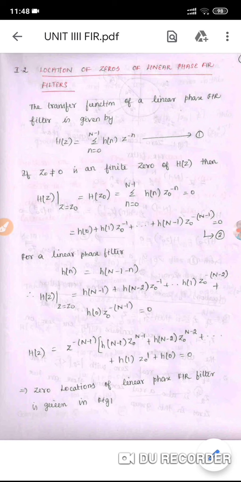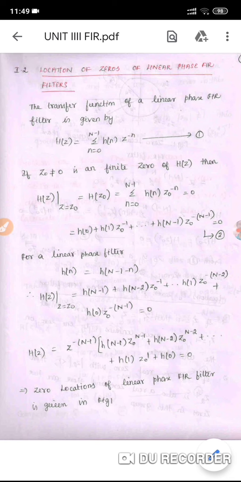In the first case, we derived for constant phase delay and group delay. For constant phase and group delays, we got the impulse response symmetrical about alpha equal to n minus 1 by 2, when n is odd and n is even.